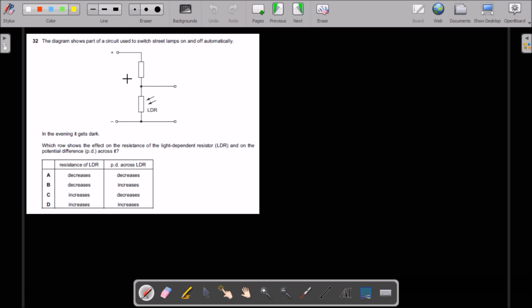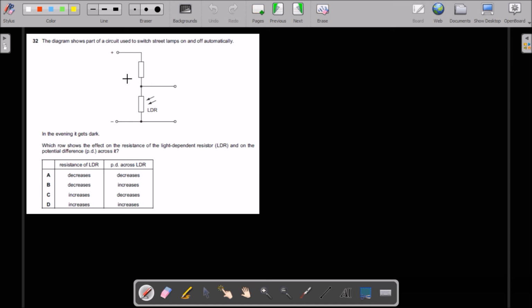Question 32. The diagram shows part of the circuit used to switch street lamps on and off automatically. In the evening, it gets dark, which shows the effect on the resistance of the light-dependent resistor, which is called LDR, and on the potential difference across it.